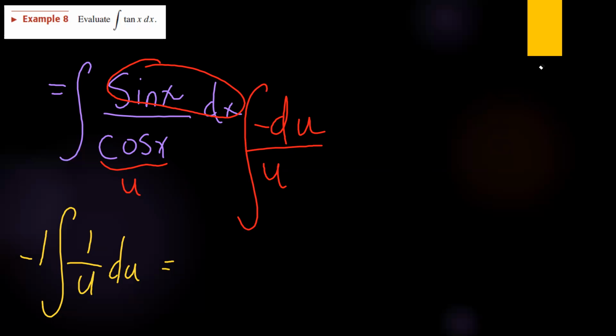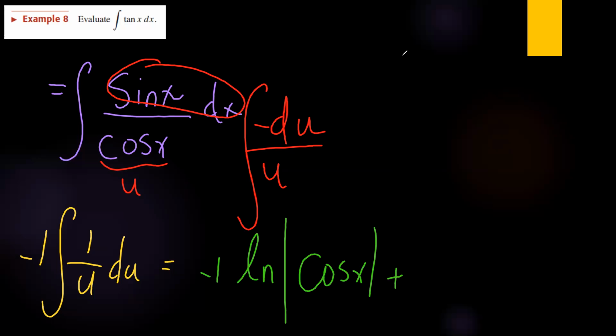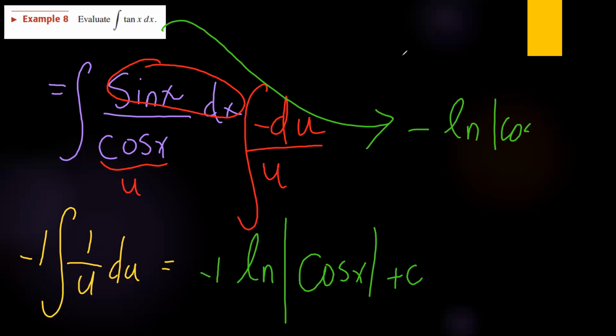So it's negative 1 ln u, where u is cosine x, plus c. So when I asked you what is the integration of tan, you have to say it's negative ln cosine of x plus c. This is now the integration of tan, negative ln cosine x plus c.